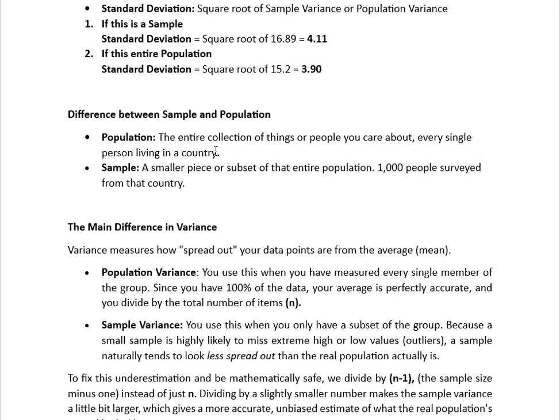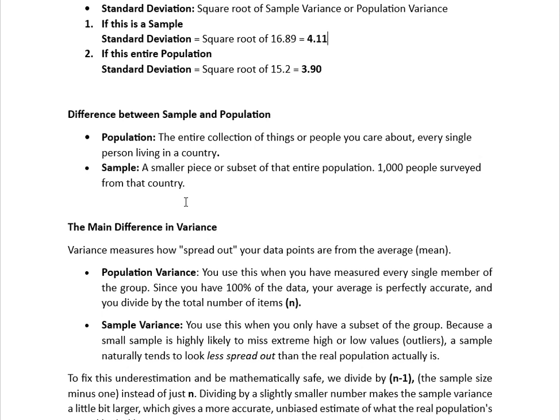Let's say the entire population of a country is 1 lakh, then I have to consider all 1 lakh people. And if I am considering a sample only, then I have to consider a smaller subset of that entire population. Let's say 1,000 people surveyed from that country. From 1 lakh people, surveyed people are 1,000. So this is the basic difference between a sample and a population.